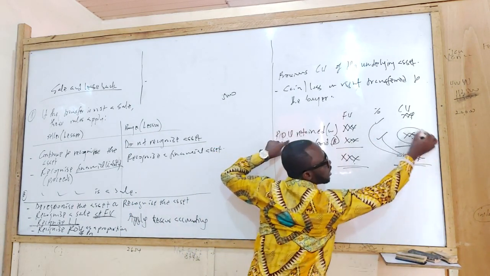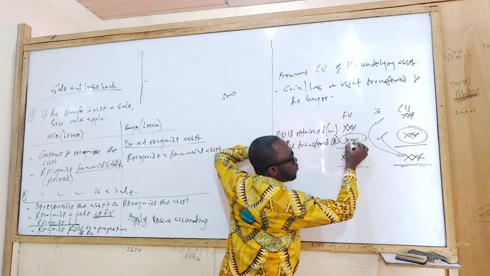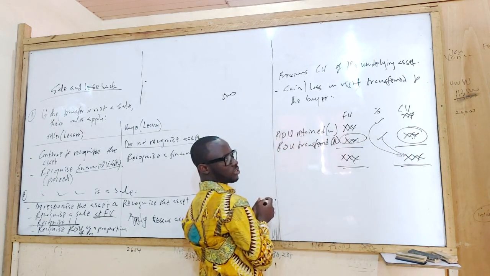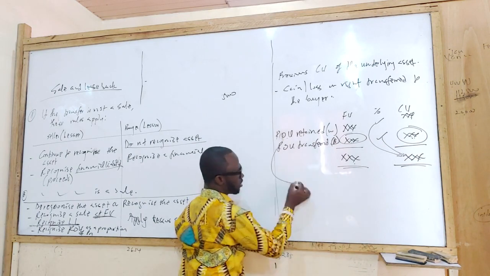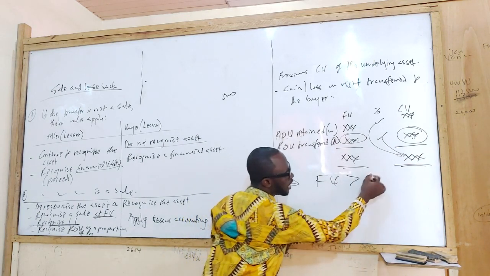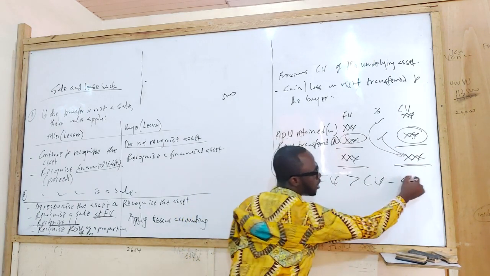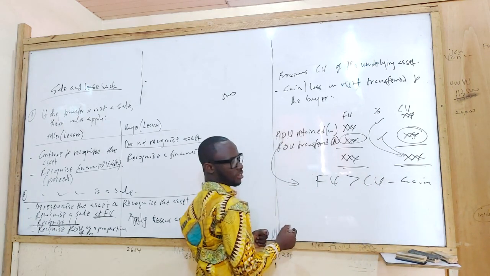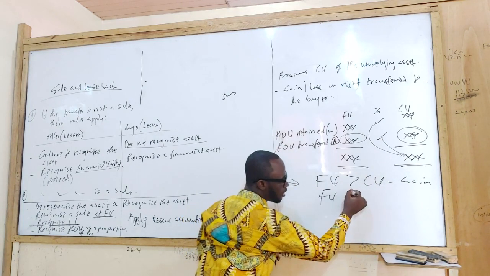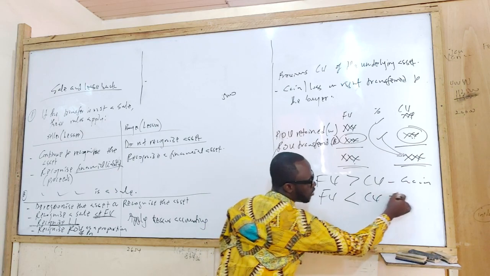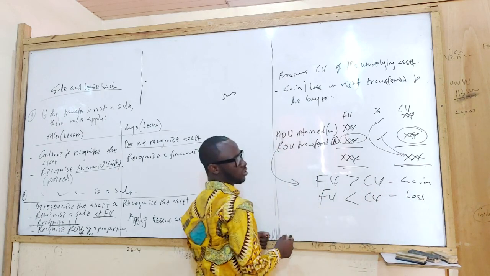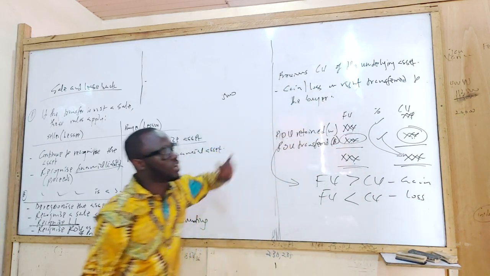So the difference between the carrying value and the fair value becomes the gain or loss. If the fair value of the right transferred is greater than the carrying value, that means we made a gain. But if the fair value is less than the carrying value, that means we made a loss. That is what we mean by this final statement here.